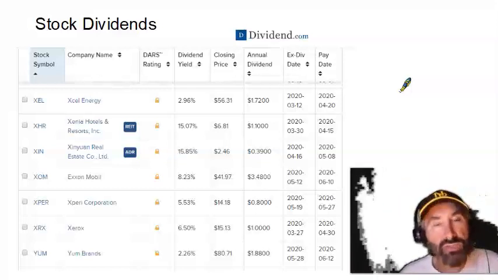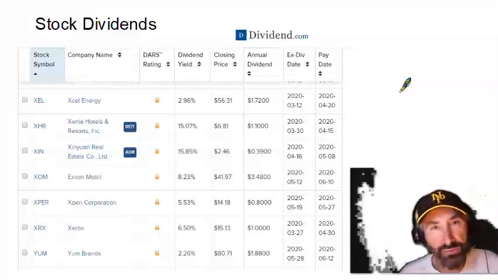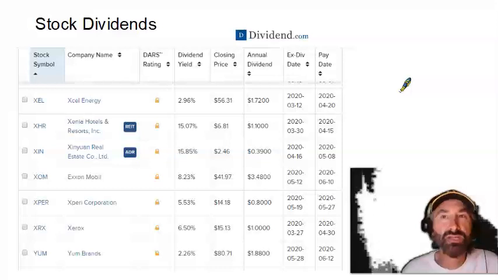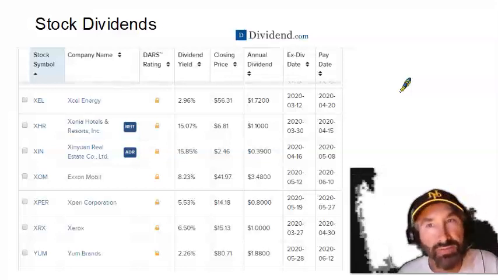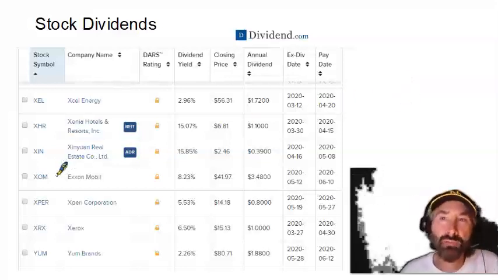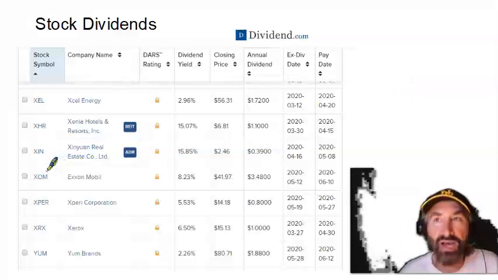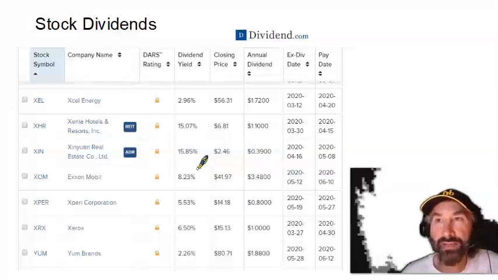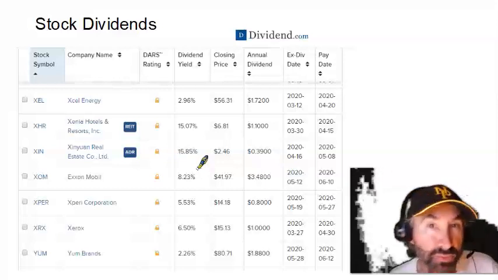Aside from that, some stocks return value to their investors in the form of what's called a dividend. And a dividend is a little bit like an interest payment. So for example, here is ExxonMobil. The ticker symbol is XOM for the stock. And you can see that according to this chart, they're listed as having a dividend yield of 8.23%.